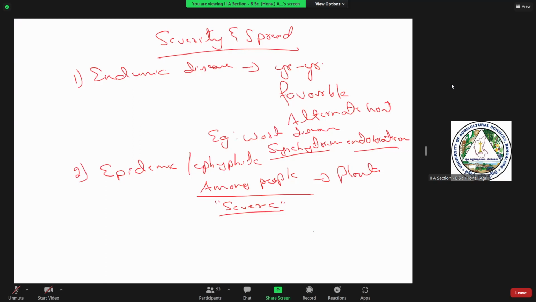So all diseases that persist through their survival on an alternate host or a wild host from one crop to another crop, from one season to another season, are included.